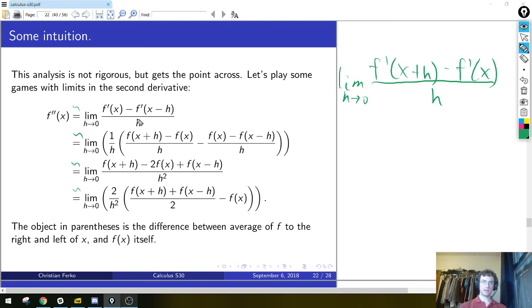In the next line, I'm going to take this h and move it outside as a 1 over h, so we don't have to worry about it. And now I'm going to plug in the definitions of these derivatives. So I'm taking f prime and putting in its definition in terms of a limit. We're all inside a limit as h goes to 0, so I might as well replace this f prime by its definition, f of x plus h minus f of x over h.